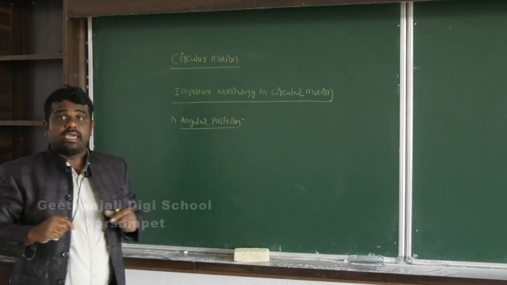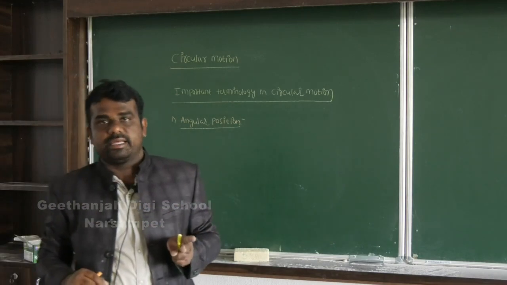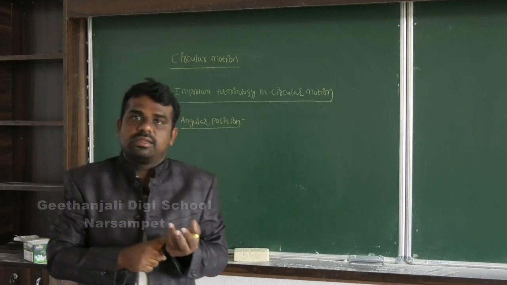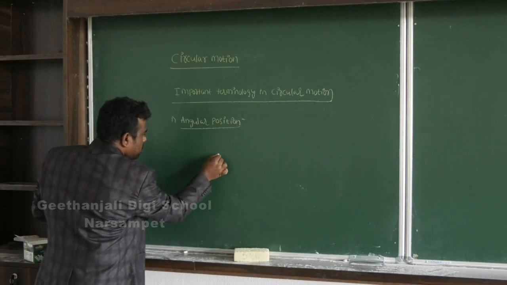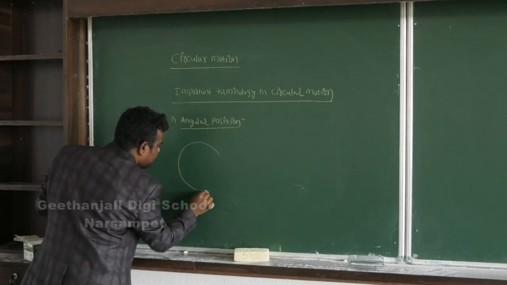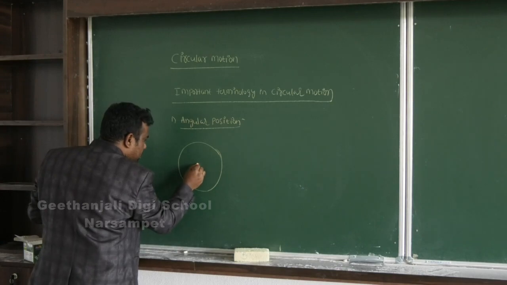To decide the angular position of the particle in a circular motion, we need origin and the reference line. For example, this is the circular path of a particle. So this is the center of the circle.